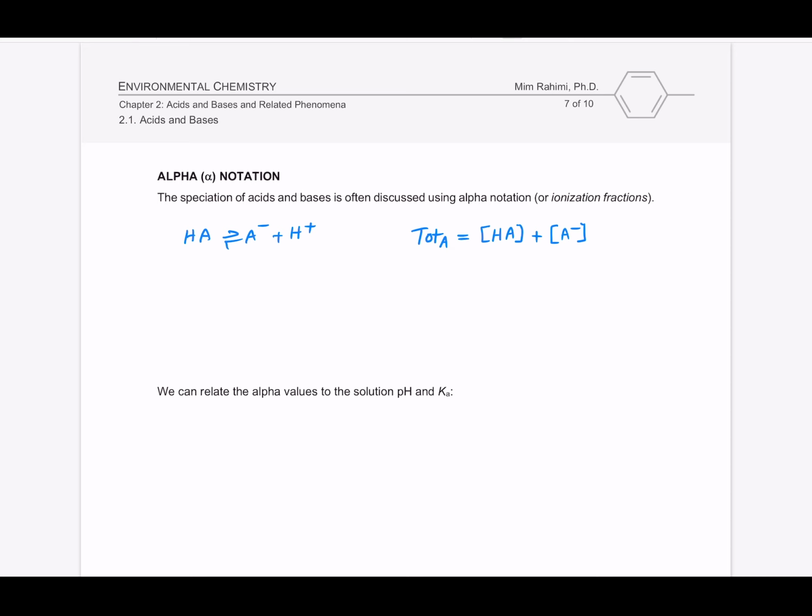So then we can define alpha 0 to be the ratio of the most protonated species to the total. Also, alpha 1 is the first deprotonated one to the total.